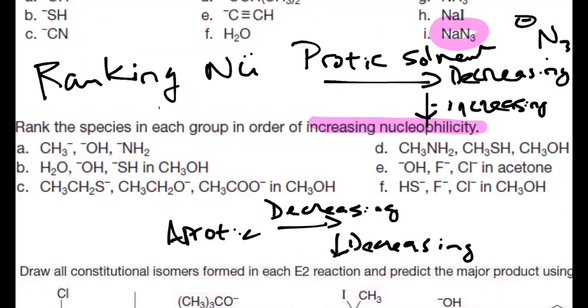And when you donate protons, what you end up doing to your nucleophile is surrounding it with protons. It's called solvation. I got a link I want to send y'all. I was looking at this morning. It's really good.